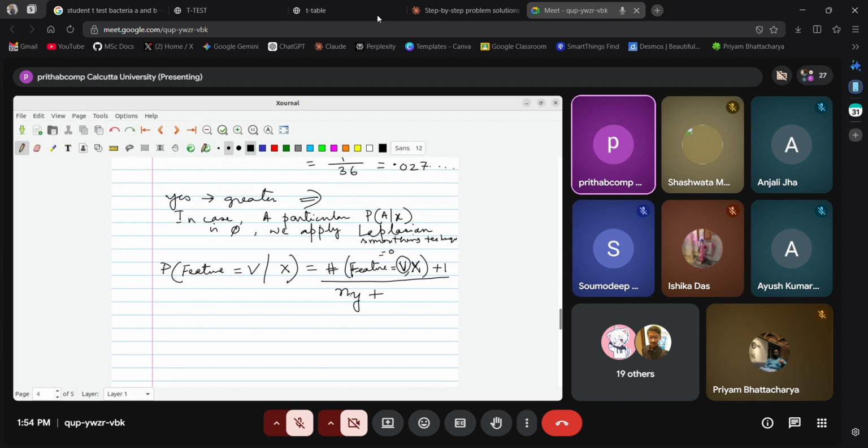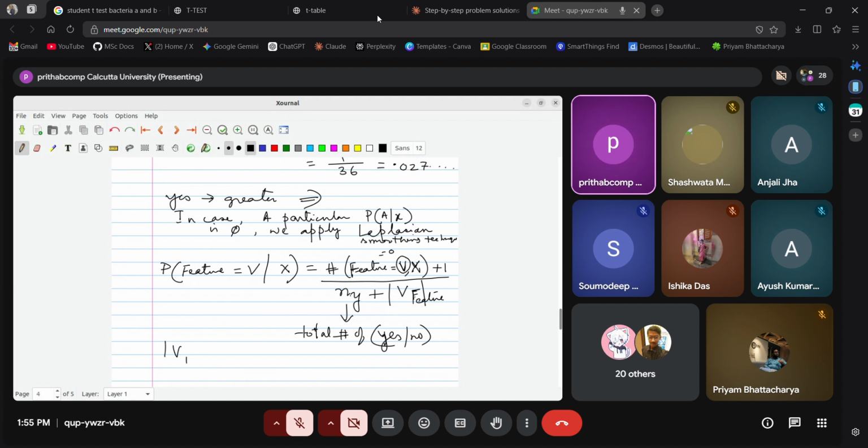below, what you do is ny plus the size of the total number of possible categories in this feature. Okay, so ny is what? Ny is the total number of yes or no, as we were doing it, in this particular example.